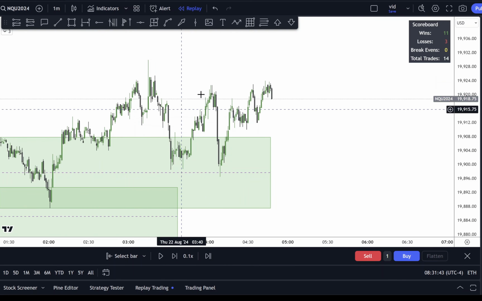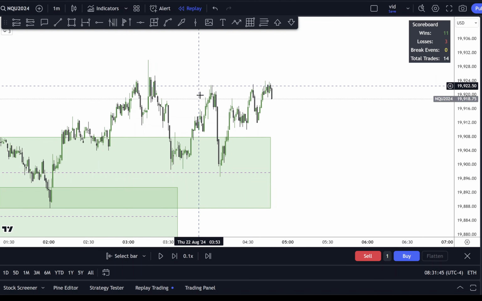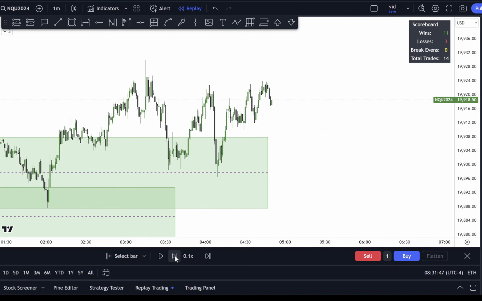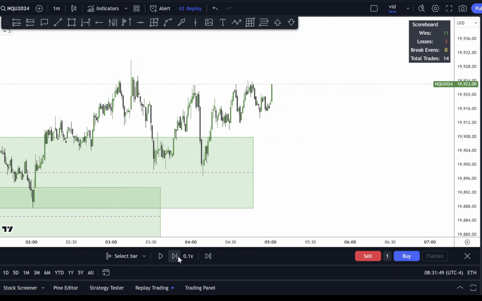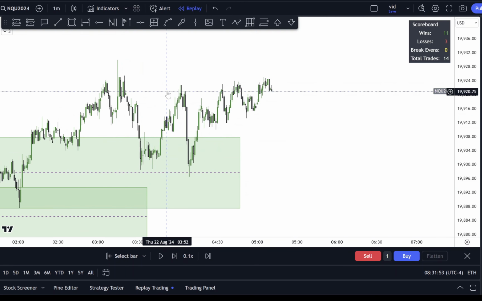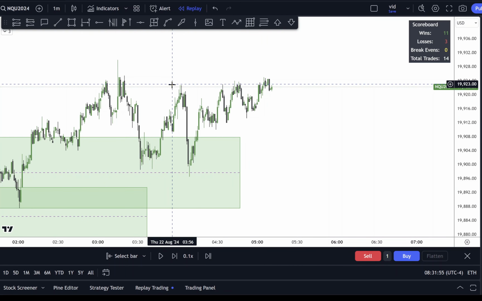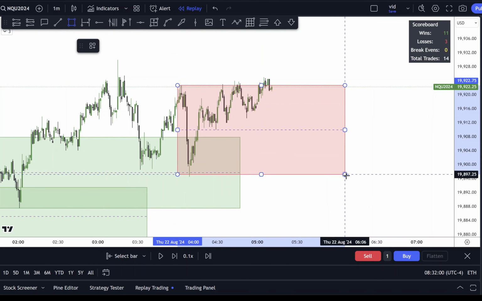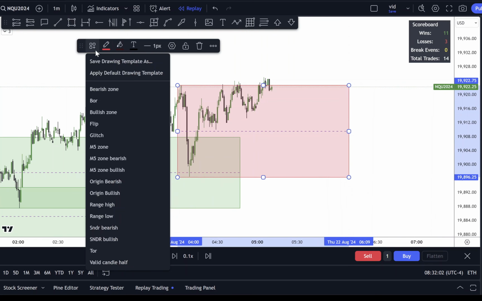Did we close above there? No, not yet. Did we close now? Yes, we closed. So that's maybe our next bullish zone.